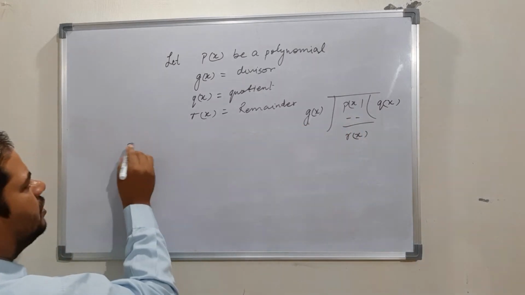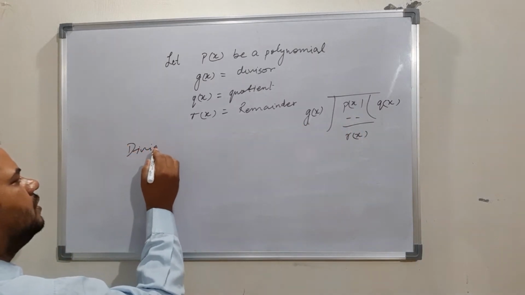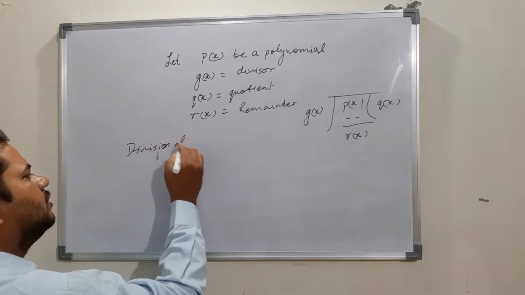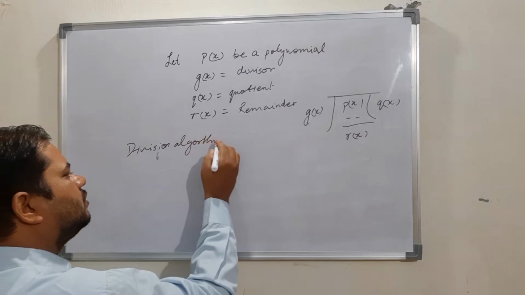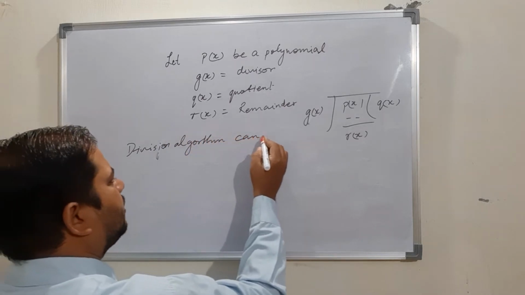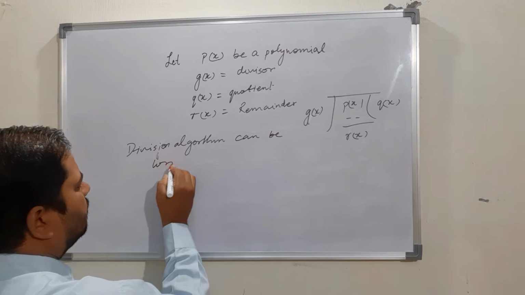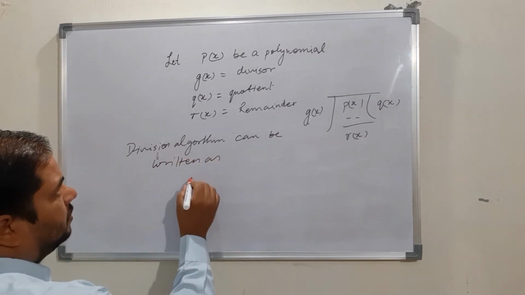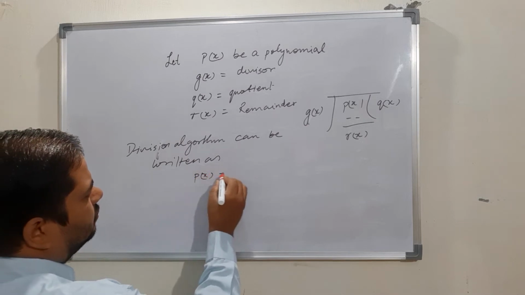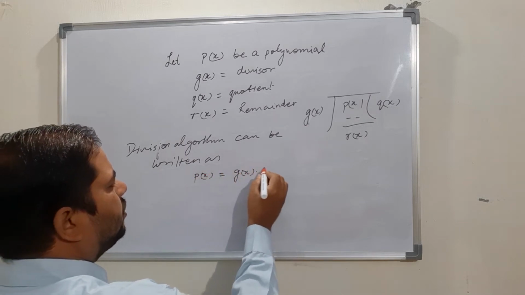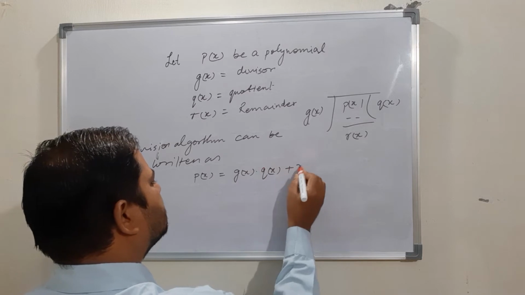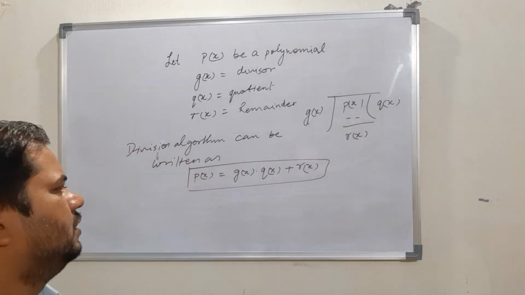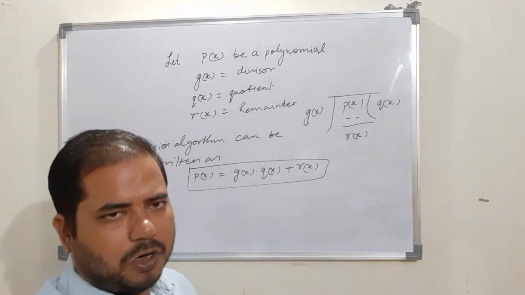Then the division algorithm for polynomials can be written as Px is equal to Gx into Qx plus Rx. So this is the division algorithm for polynomials.